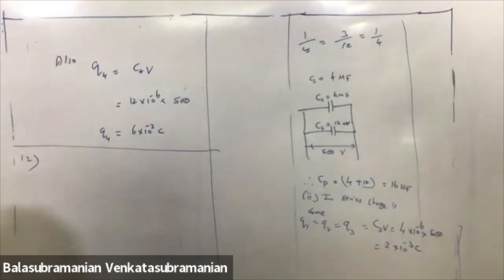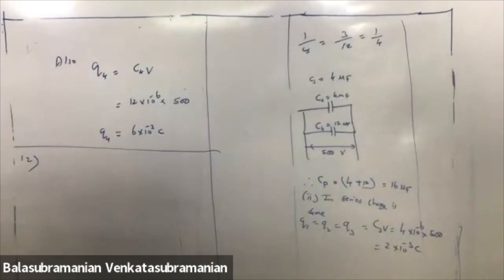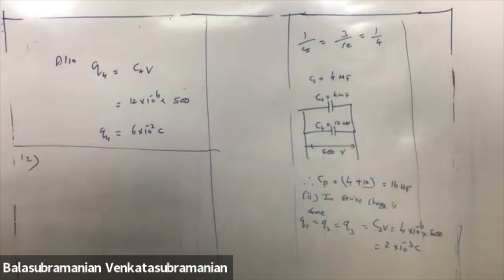12th problem. A parallel plate capacitor filled with mica having epsilon R equal to 5 is connected to a 10 volt battery. Area of the parallel plate is 6 meter square.